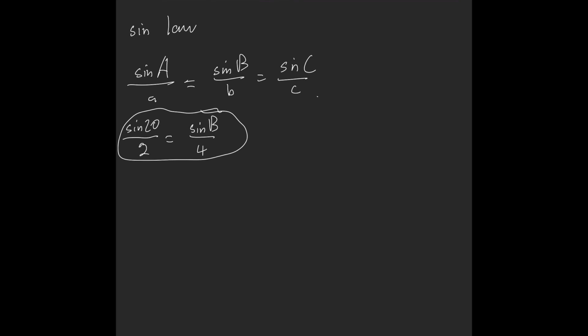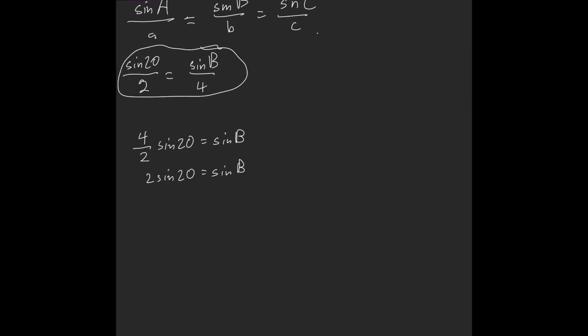To solve for B, we're going to use our graphing calculators and our knowledge of trigonometric functions to isolate B and then plug it into a calculator and solve for it. So to kick things off, we have sine 20 over 2 is equal to sine B over 4. To isolate sine B, first we're going to get rid of the 4. So we're going to multiply both sides by 4 to make 4 over 2 sine 20 equal to sine B. That just equals 2 sine 20 is equal to sine B. Now, remember what we talked about before.